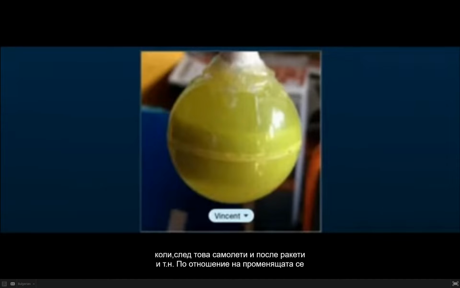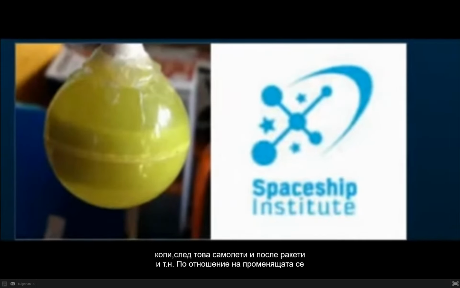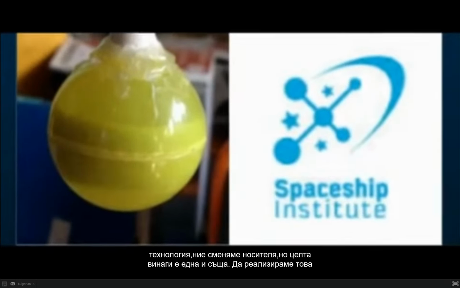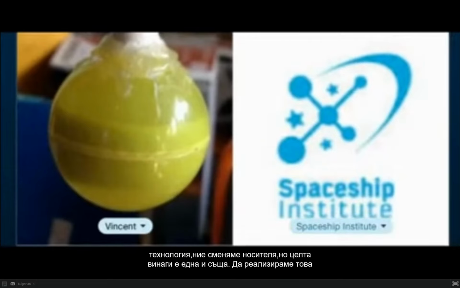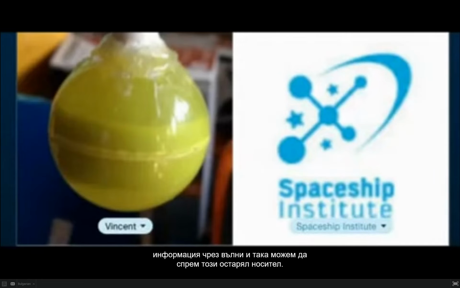After this we had the auto. After this we had the plane and rocket and so on. So, related to the change in technology, we changed the carrier, but the purpose is always the same, to realize what we have in mind. So speaking of medicine, we have in mind to help our body to stay in good condition. Till now, we used the chemical carrier. Now the technology allows us to transfer the proper information by waves. And so we can sell this obsolete carrier.